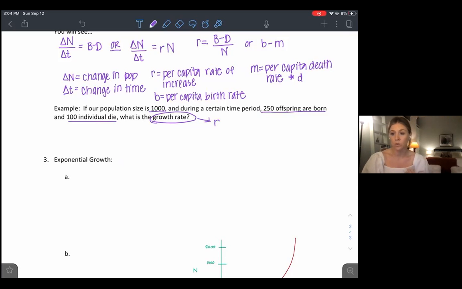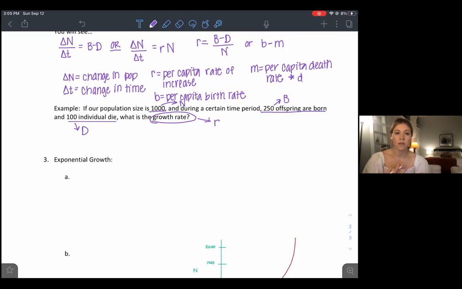Okay, so not the number of individuals being added, but the rate of individuals per capita. Okay, so we know that we're also given the number born, so a big B, and the number that die. Okay, so that is going to be a D. And then we're also given our population size, and that's going to be our N.